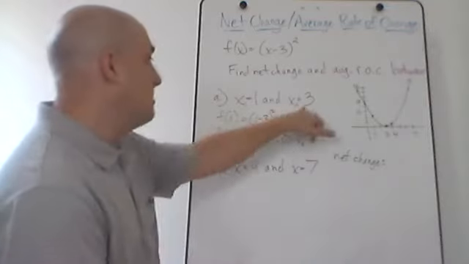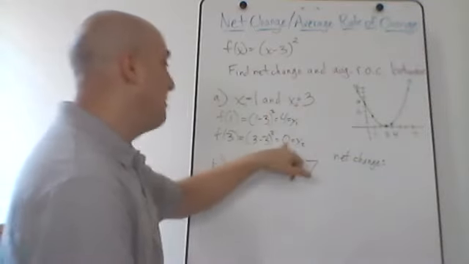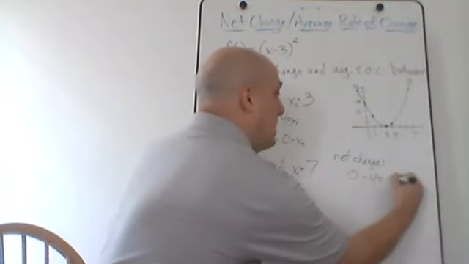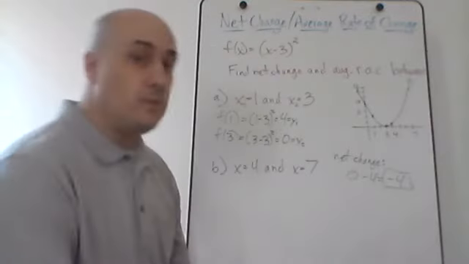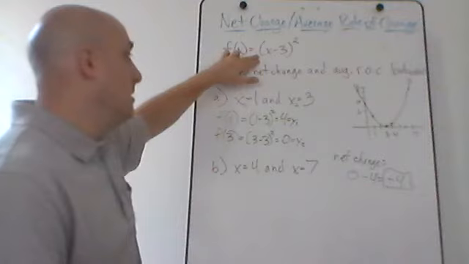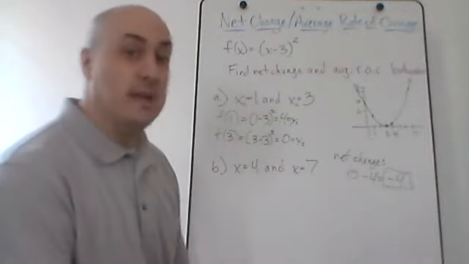And since 3 was my bigger number, 1 was my smaller number of my x values, it has to be f of 3, which was 0, minus f of 1, which was 4, and so my net change, 0 minus 4, equals negative 4. Right, so the net change of this function, (x minus 3) squared, between x equals 1 and x equals 3 is negative 4.